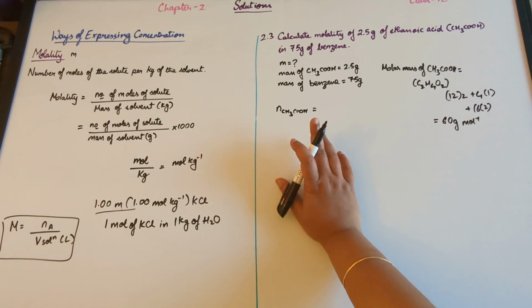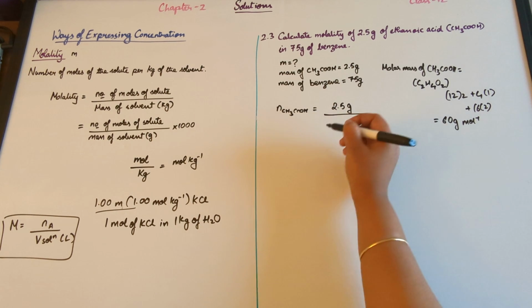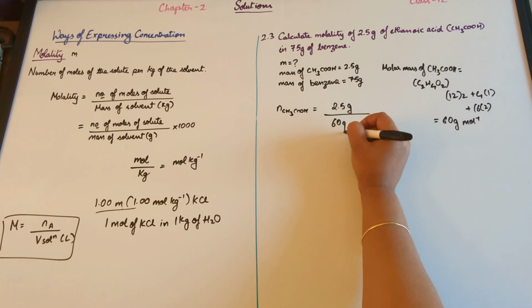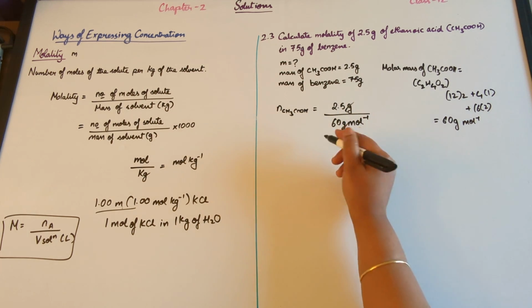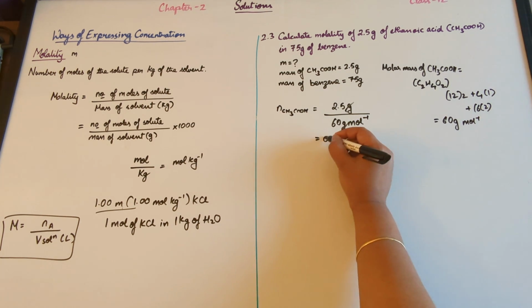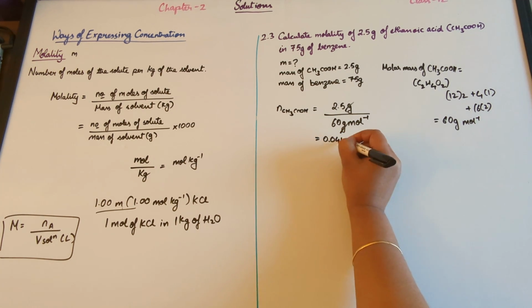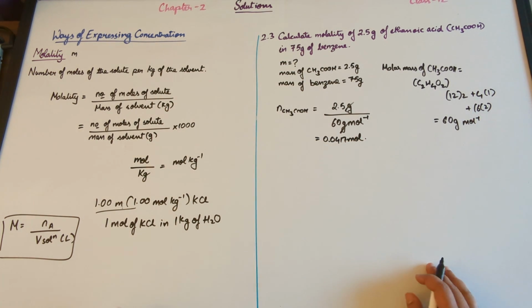So the number of moles of ethanoic acid is 2.5 grams divided by 60 grams per mole, and simplifying, we get 0.0417 moles.